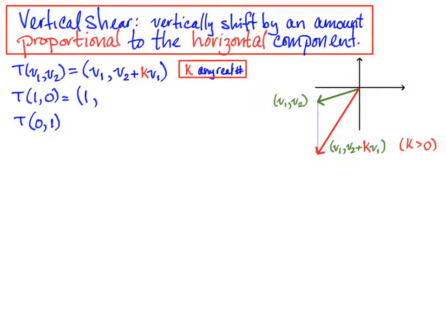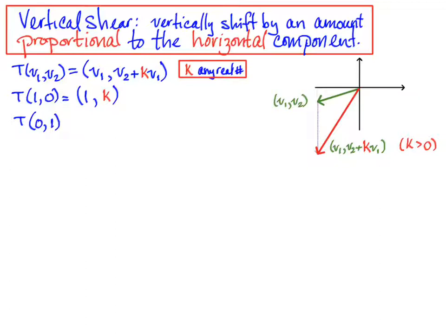So V1 was 1, so the new V1 is just 1. But the second component is going to be V2 plus K times V1. Well, V2 was 0 and V1 was 1, so it's 0 plus K times 1, which is just K. So the first standard basis vector, 1, 0, goes to 1, K.